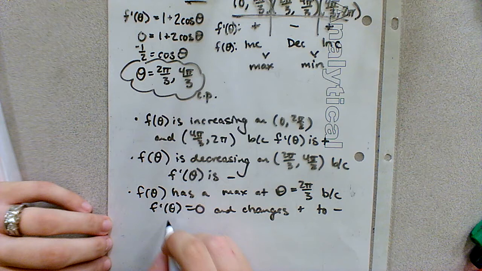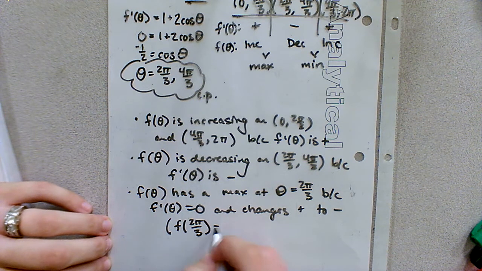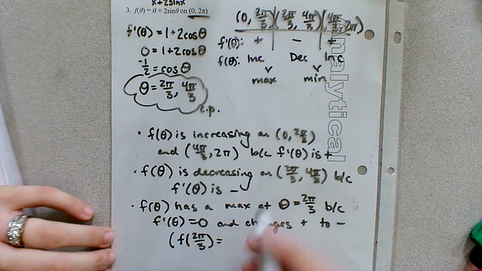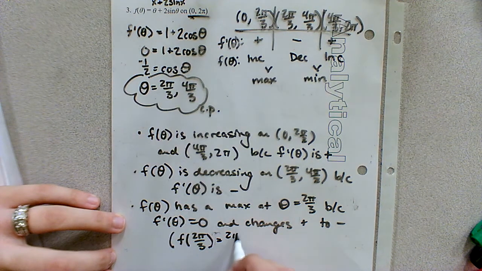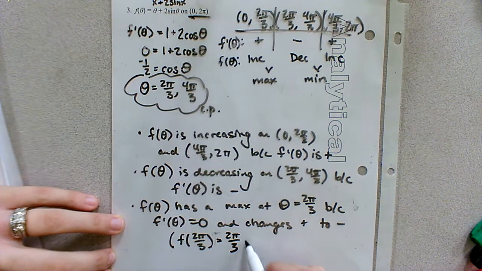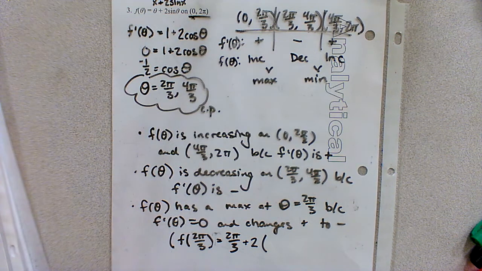Alright, now let's actually find the value. So if we were to plug in 2 pi over 3 into the original function, we want to see what we would get out. So our original function's at the top. 2 pi over 3 in for theta would just leave that for the first one. And then we want to add 2 times sine of 2 pi over 3.